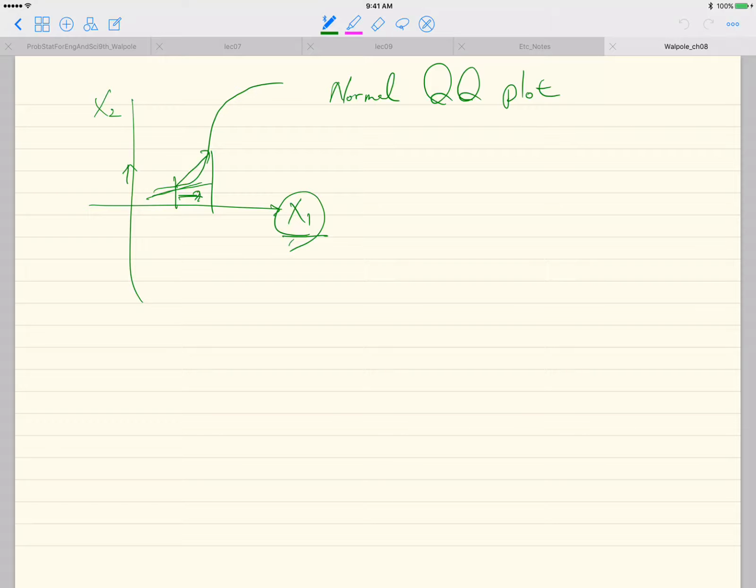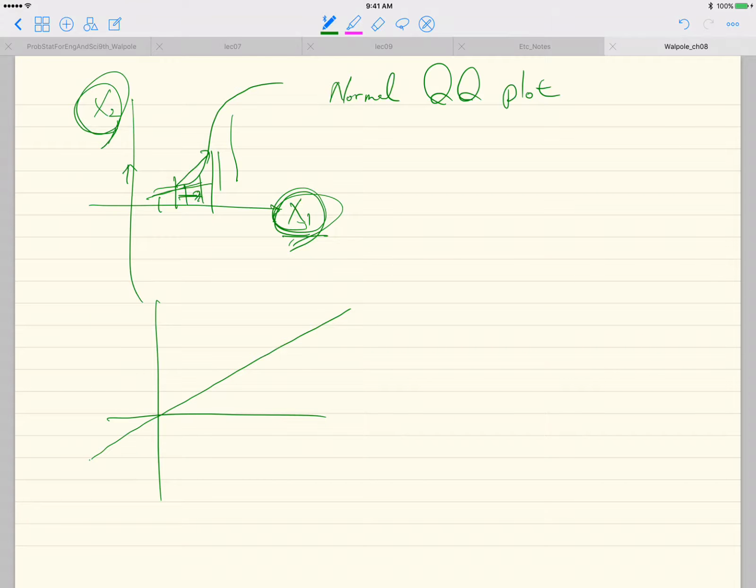So by looking at the slope of each graph at different points, we can see whether this random variable x2 is increasing faster or slower in its probability value compared to x1. Intuitively, if the velocity of the probability increase is exactly the same as the standard normal random variable, then this normal quantile plot for x1 and x2 will follow exactly a line.